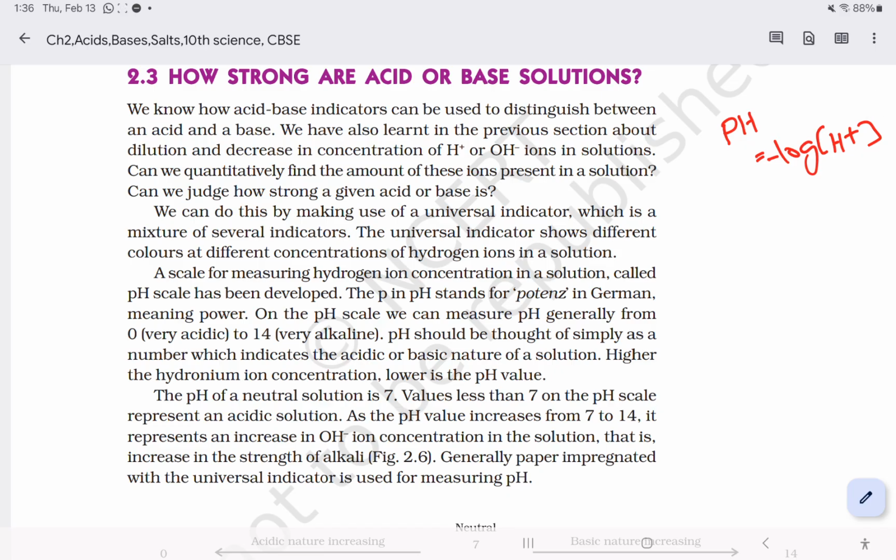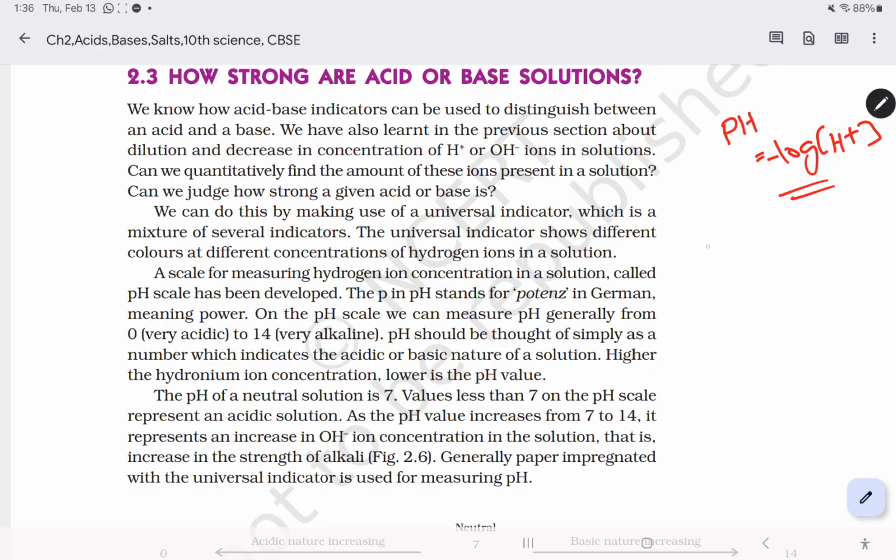Lower pH means a higher concentration of hydrogen ions, because of the negative sign, making the solution more acidic. Similarly, higher pH means a lower concentration of hydrogen ions, making the solution more basic.